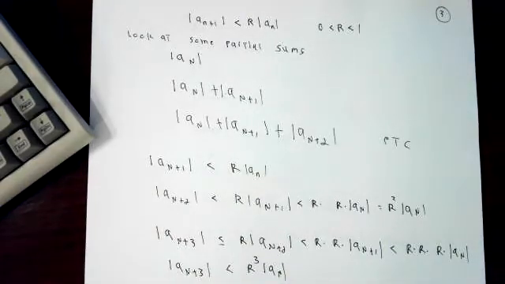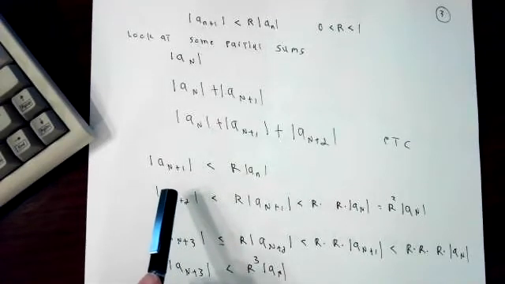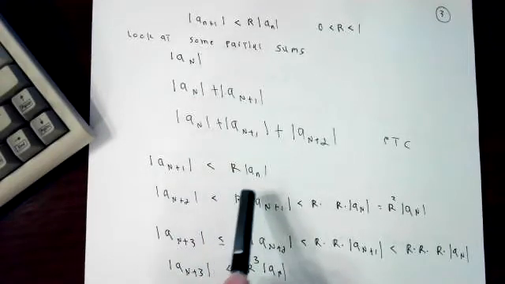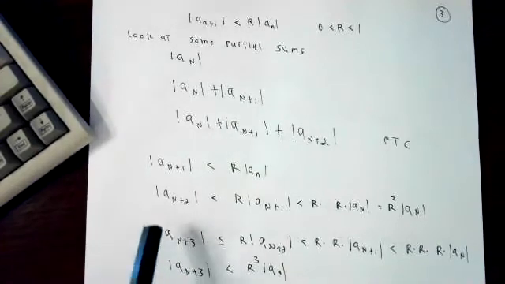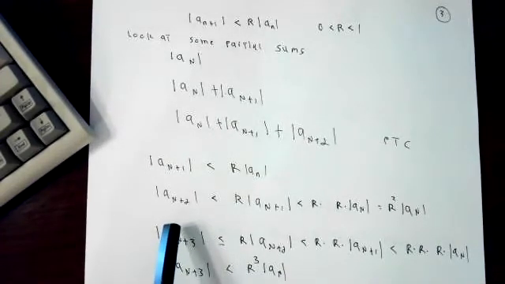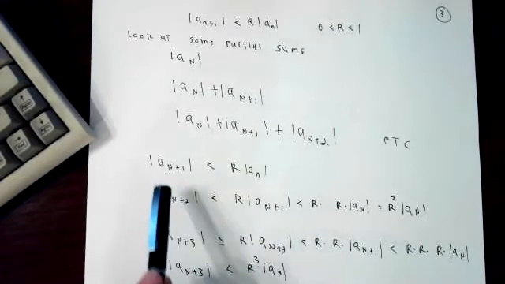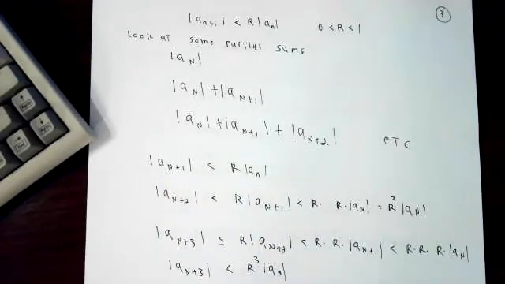Because of the inequality that we've previously mentioned, a_(N+1) has absolute value that's no bigger than R times absolute value of a_N. A number a_(N+2) has absolute value that's no bigger than R times absolute value of a_(N+1), which in turn had absolute value no bigger than R times absolute value of a_N. So a_(N+2) is no bigger than R squared times absolute value of a_N.